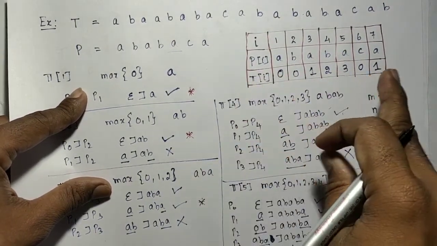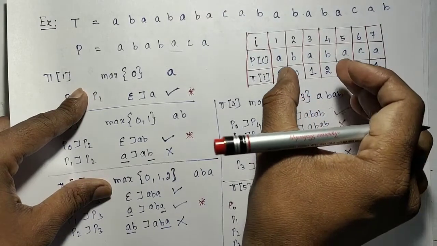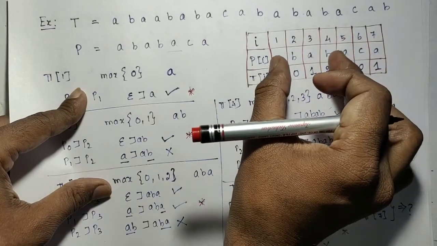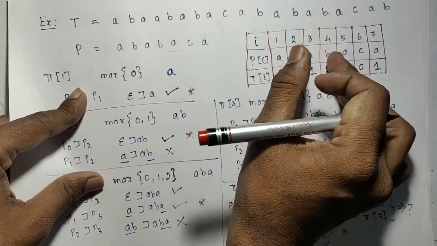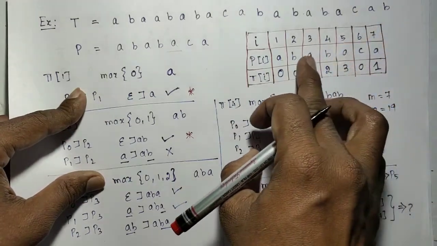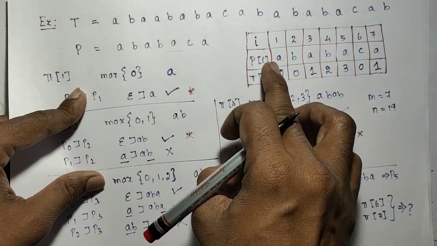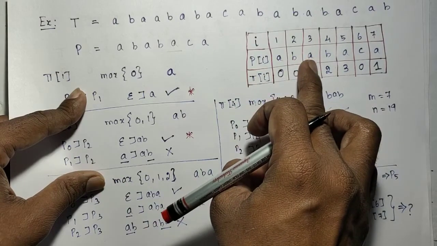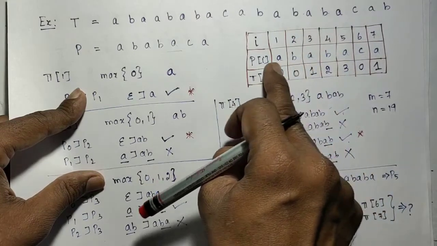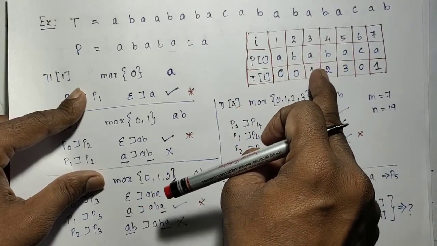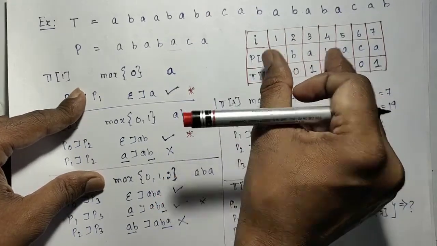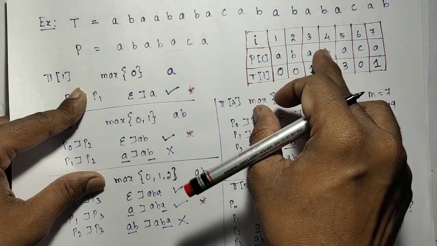The prefix function represents, for example, if you are taking a 4-length string, how many characters from the last match from the front. AB and last AB, the last 2 characters match in the front side, so that is the number. It is the longest prefix which is also a suffix of that length string. Like that we are representing.